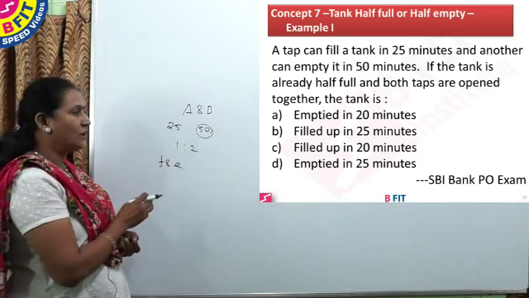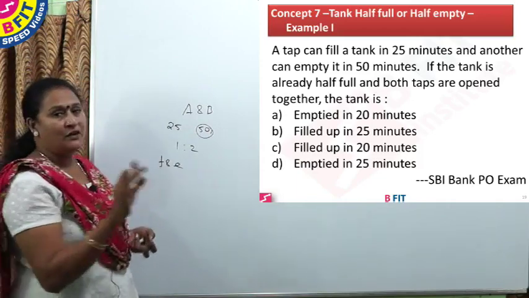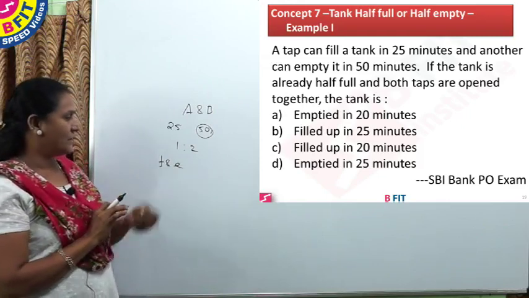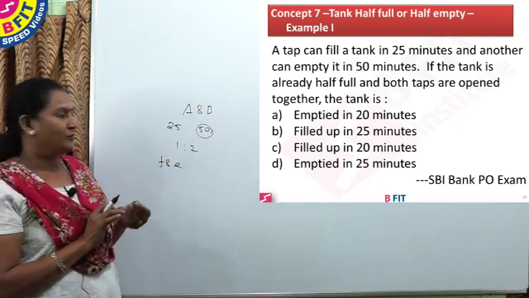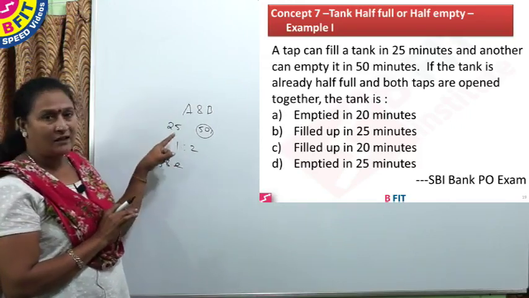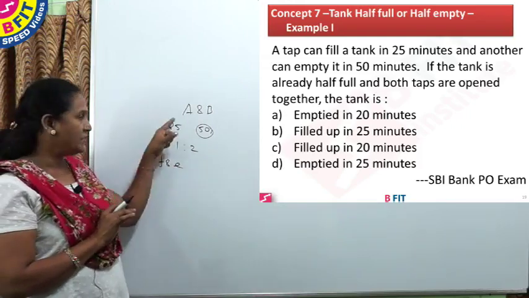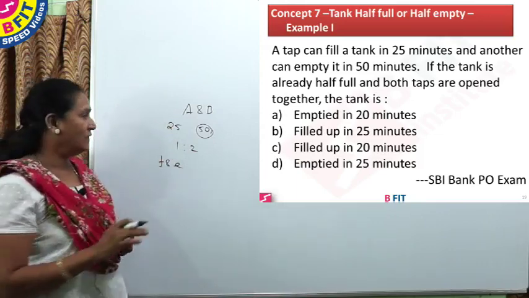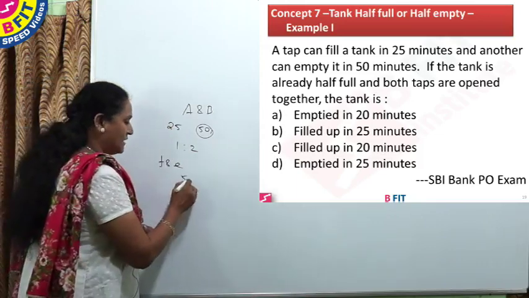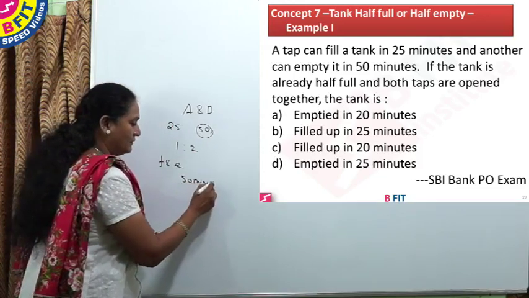So using that clue we can work it out without doing any working. It is in the ratio 1:2. Because the filling time is less, the efficiency of filling is more than emptying, so the final effect will be filling.